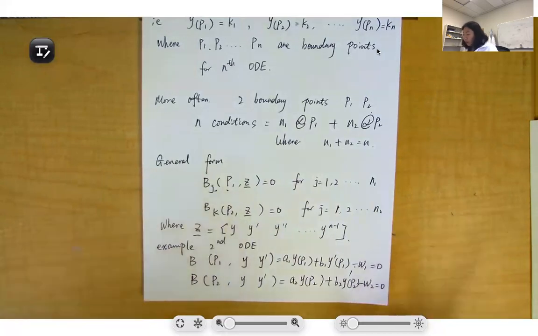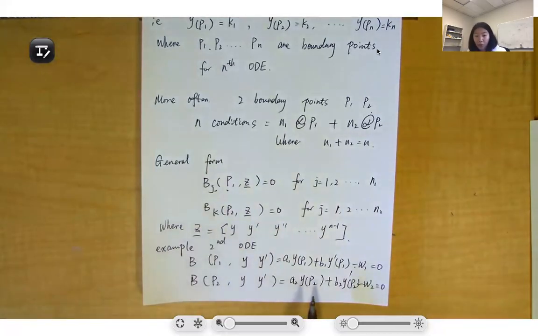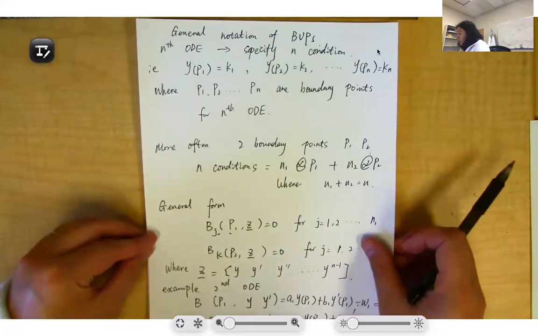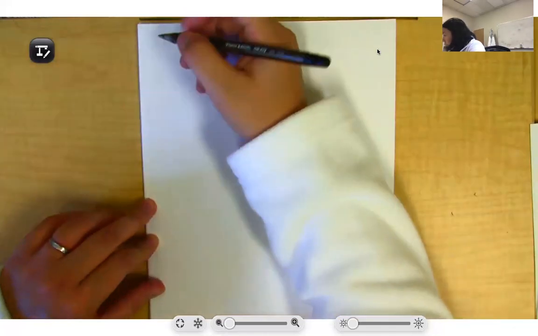The boundary value problem really depends on how you give the boundary conditions. Then we can define 3 different types of boundary value problem.